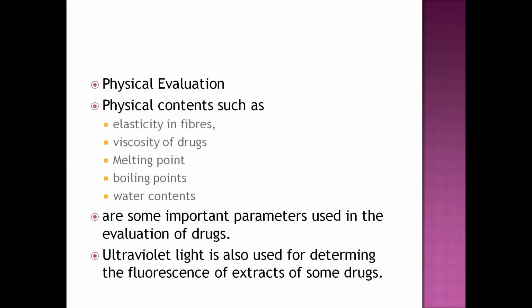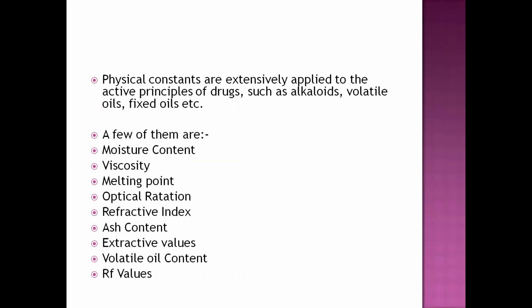And in this physical evaluation, UV light can also be used for determining the fluorescence of the extract of some drugs. So physical constants are extensively applied to the active principles of the drugs like alkaloids, volatile oils, and fixed oils. In chemical classification, in earlier slides, we have discussed what are alkaloids, volatile oils, and fixed oils.